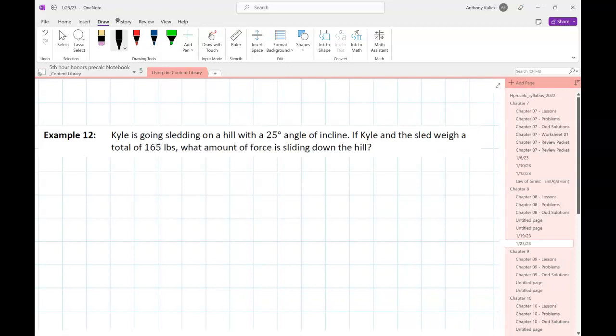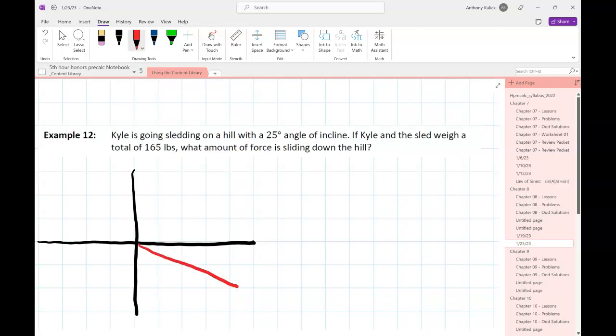So I'm going to start by drawing a picture. I'm going to start by drawing my hill. It's sledding with a 25-degree angle of incline, so I need it to have a 25-degree angle of incline.